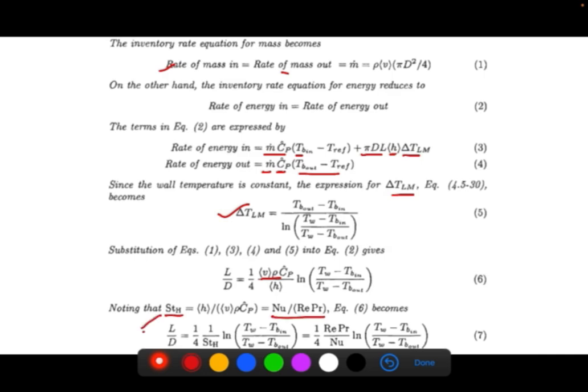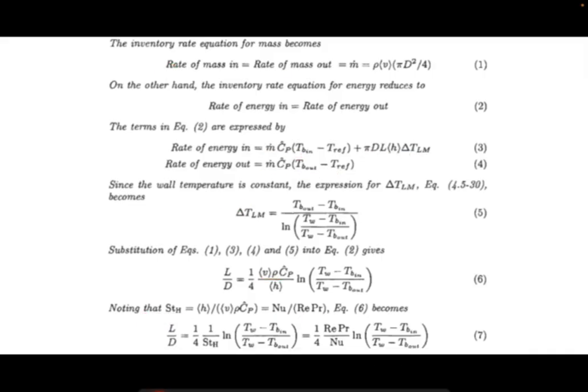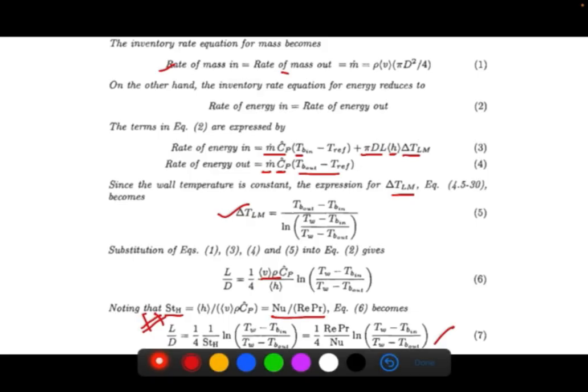So we get the final equation of L by D equals to 1 by 4 of Stanton number log of (Tw minus Tb in upon Tw minus Tb out). Or we could also write it as 1 by 4 of Reynolds number into Prandtl number upon Nusselt number into log of (Tw minus Tb in upon Tw minus Tb out). We will use this equation further.